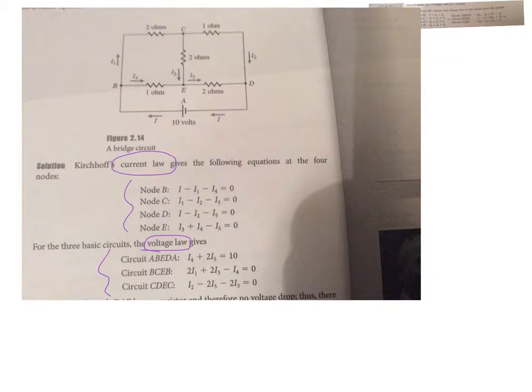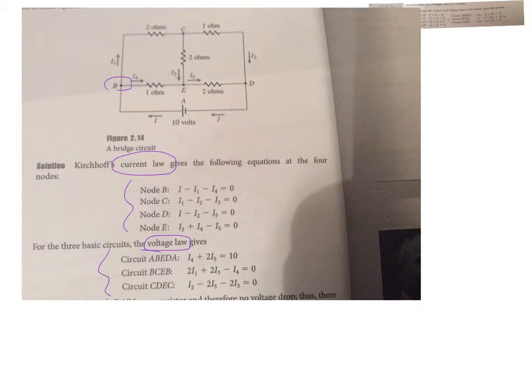And basically what they're doing there is they're looking at each individual node and they're making an equation based on what's coming in and going out at that junction point.